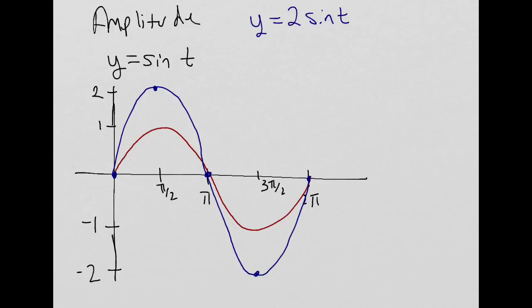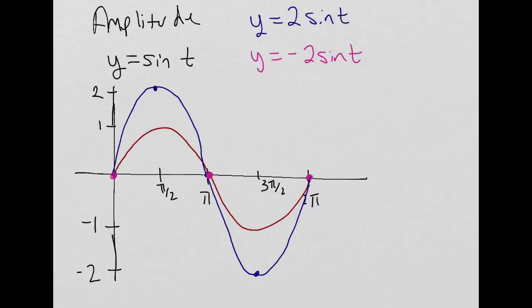Now something else that's kind of interesting, suppose I had y equals negative 2 sine t. This graph and this graph will both have amplitude of 2, but this negative sign here is going to flip the sine graph upside down, because at 0, I'm still at 0, multiplying 0 by negative 2 doesn't do anything, but here I was at positive 1.